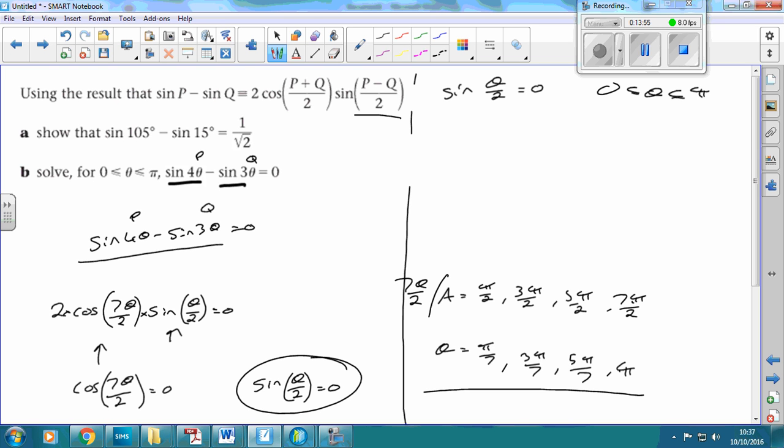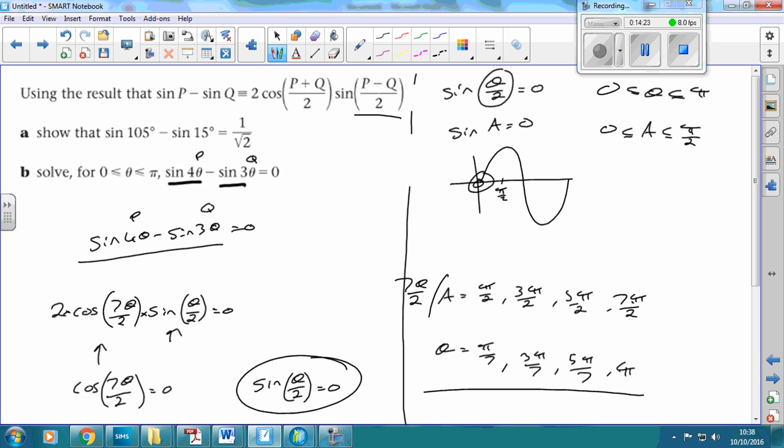Okay, so we replace this with an a, so it's going to be sine of a equals 0. And then a, because we're dividing by 2, is going to be between pi over 2 and 0. We have a look at the sine graph. So it's only going between 0 and pi over 2.